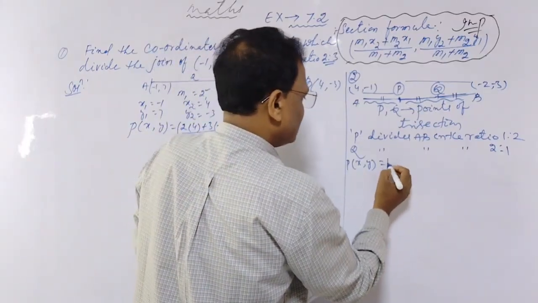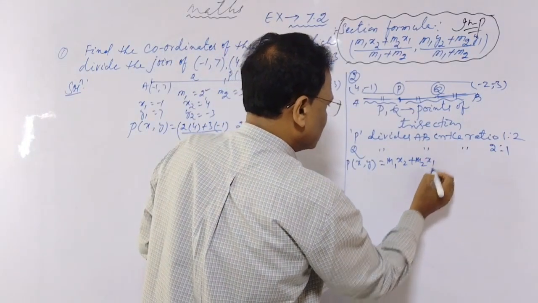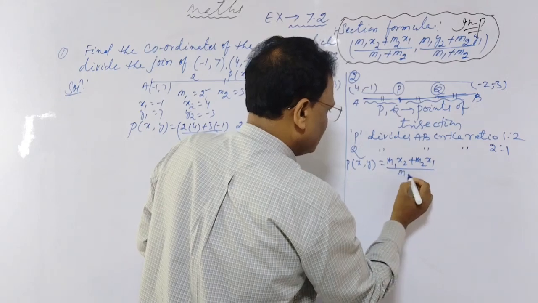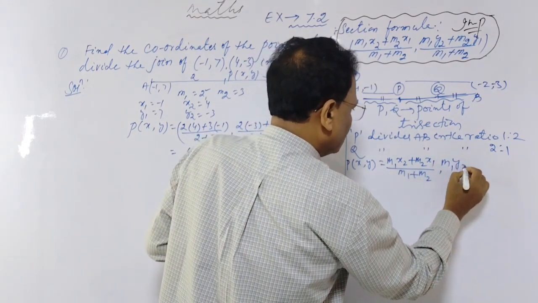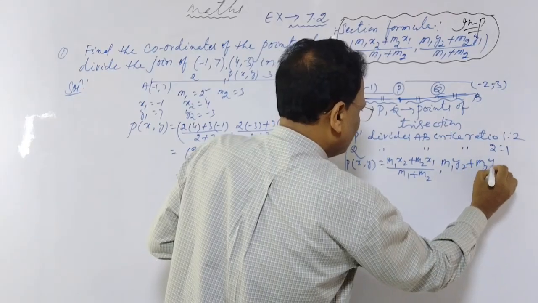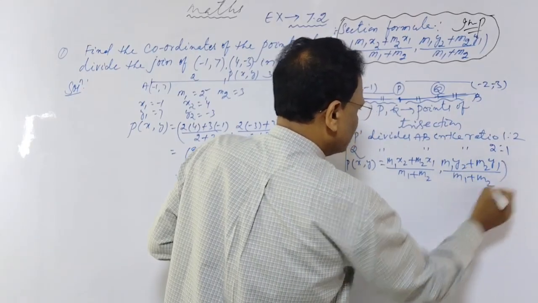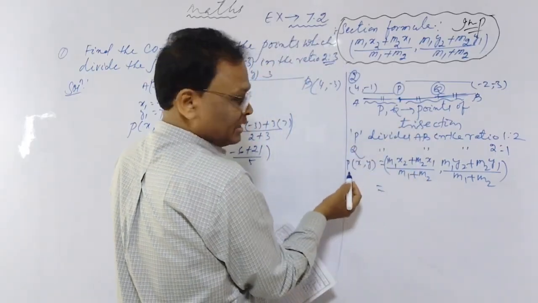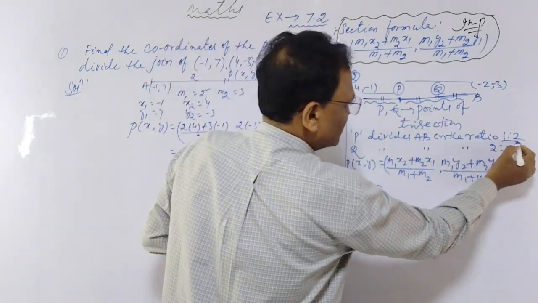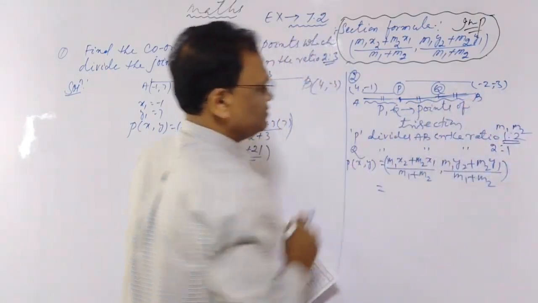So the formula is m1 x2 plus m2 x1 divided by m1 plus m2, m1 y2 plus m2 y1 divided by m1 plus m2. Let me substitute the values. What is m1? I'm finding the coordinates of P, means I'll take these two. This is m1 and this is m2.